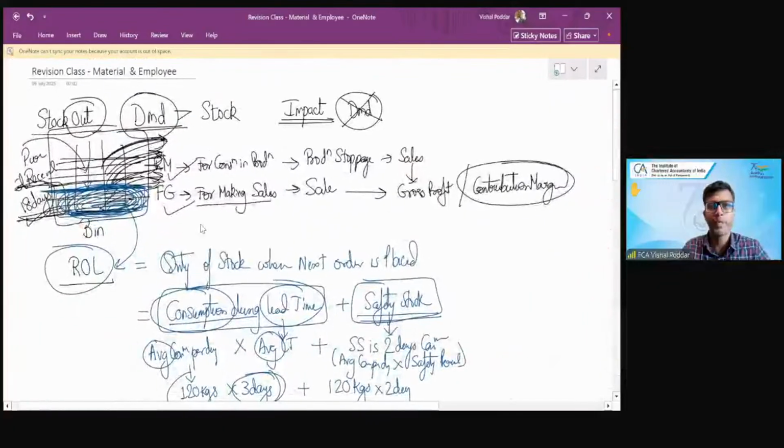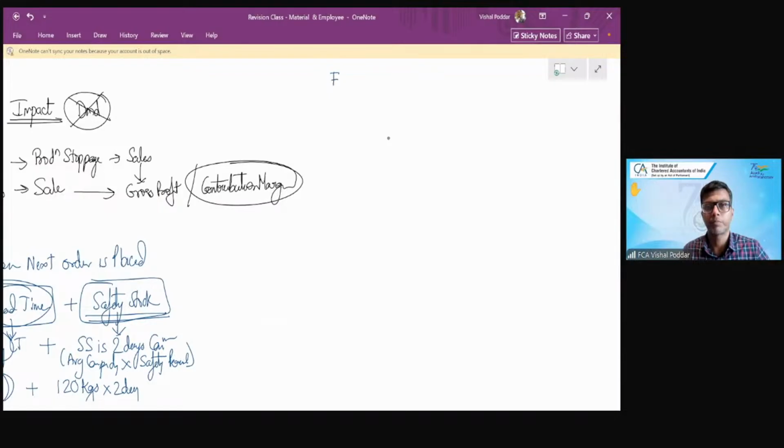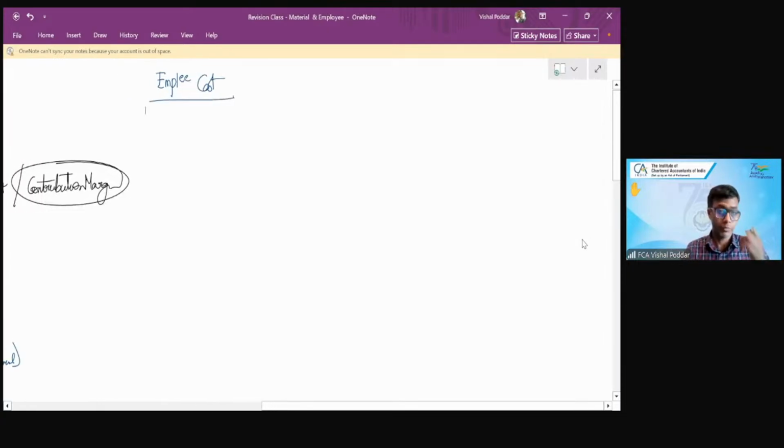So we have completed material. Let us go to the employee. Now, I am given three employees and I need to find out total earnings and cost per unit. I will add one more question so that we cover that adjustment also here. So my three employees are X, Y, Z. Particulars.